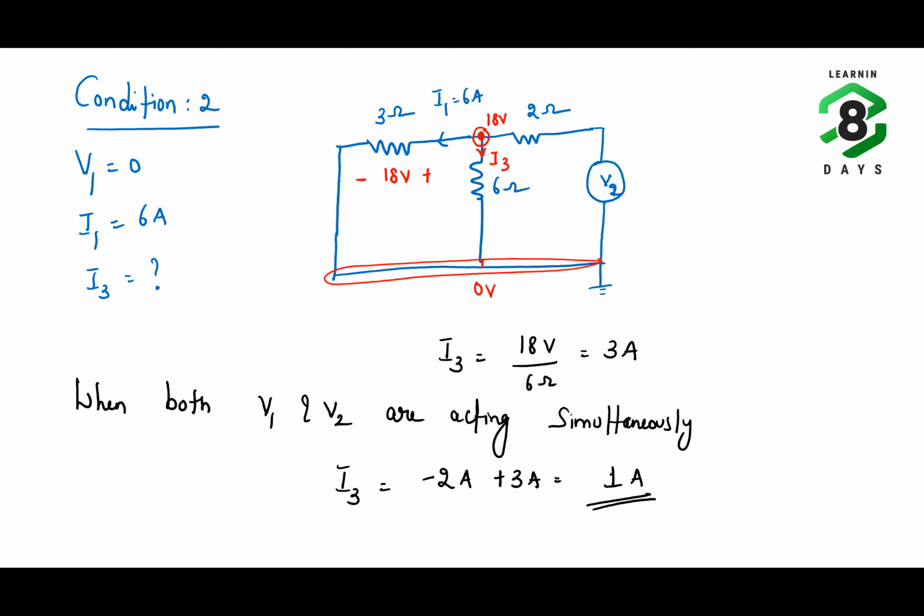Understand? Algebraic, because you have to keep the polarities of those currents or voltages intact. You have to consider both polarity and magnitude. That is the algebraic sum. I hope you have understood this question.